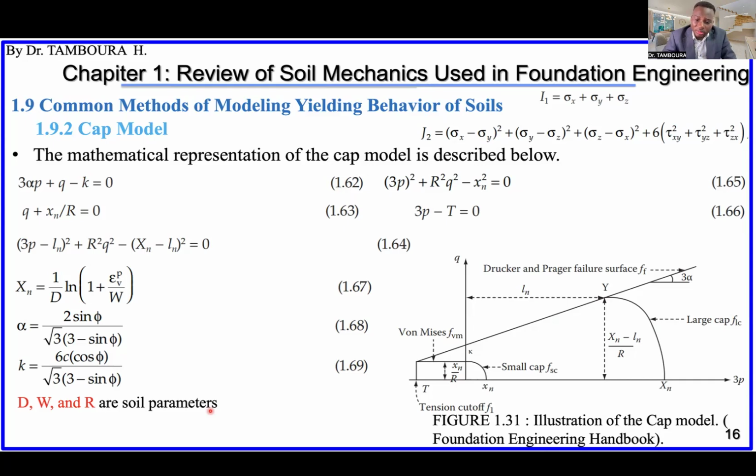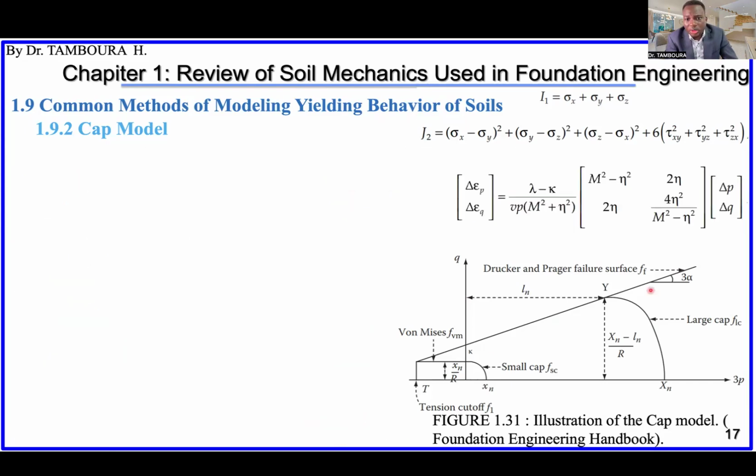This parameter is just the accumulation of plastic volumetric strain, sigma of this one. So I will put this equation here. If you remember, this is the D matrix for the Cam-Clay, modified Cam-Clay model, which we did just now in the previous section.